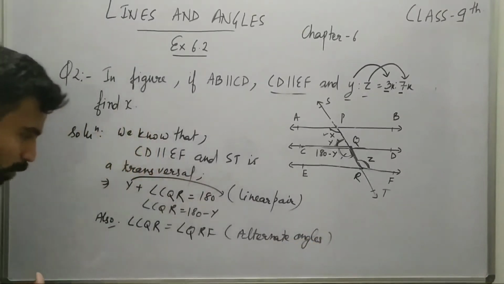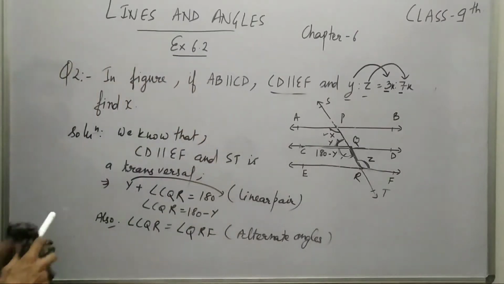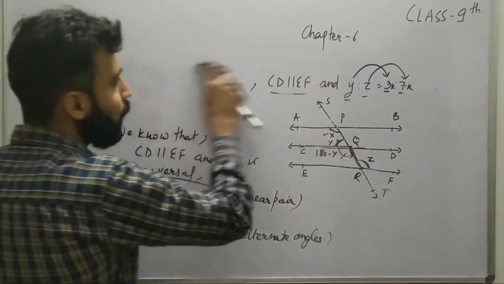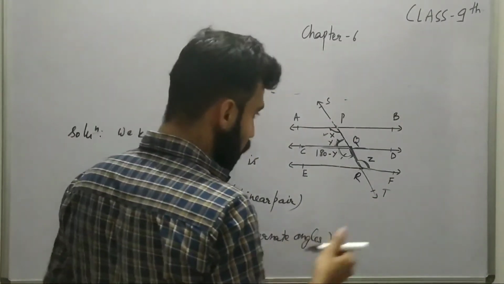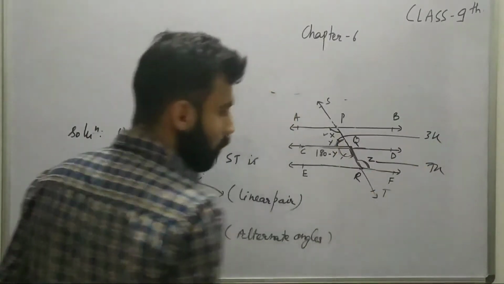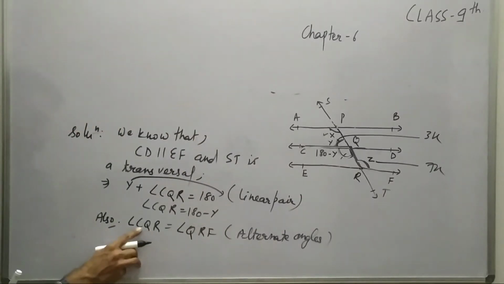Getting my point? Now I'm going to substitute the values here. First of all, let me rub the space above, and also the question. We know that we have to find angle X, right? Also it is given to us that angles Y and Z are in the ratio 3:7. Now let me substitute the value of angle CQR.